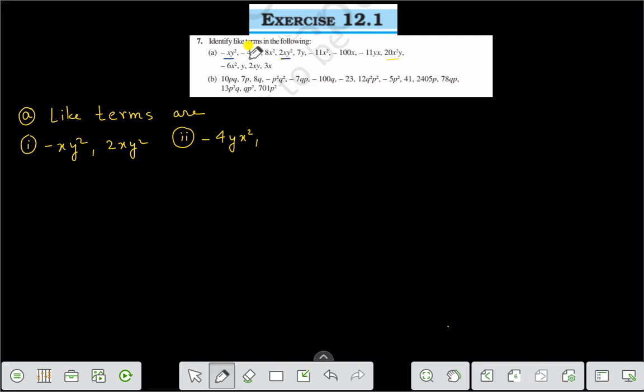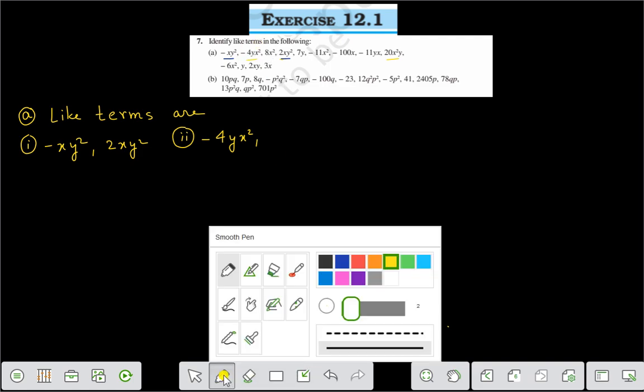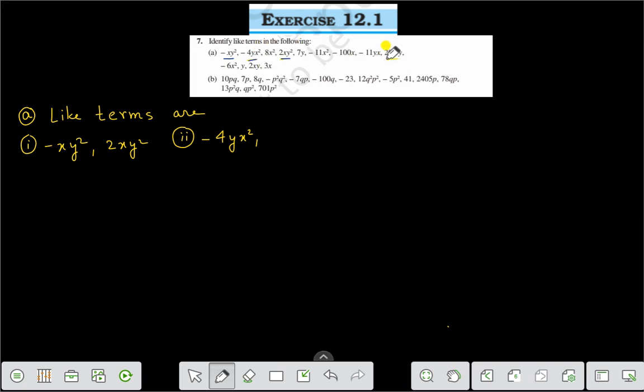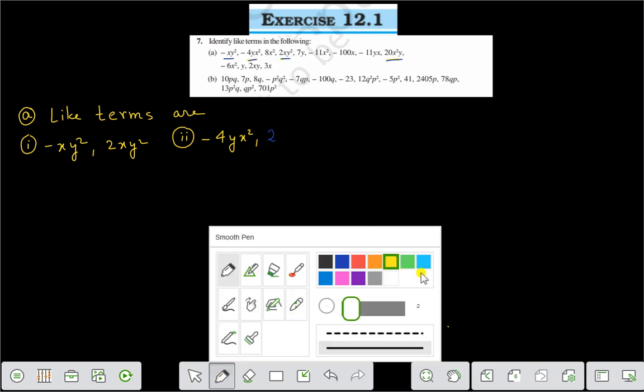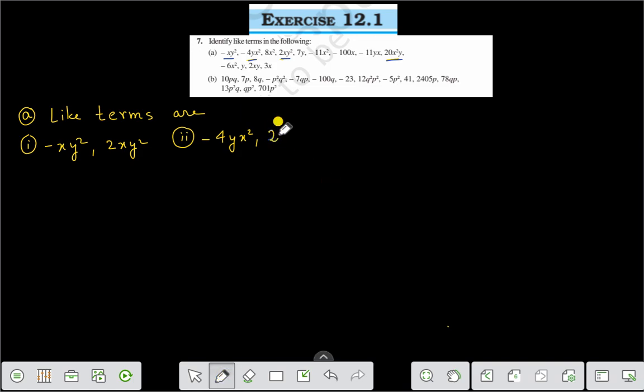This value and this value: it is minus 4yx square and 20x square y, because here you see the x square y is same as x square y. The power of x is 2 and the power of y is 1, therefore the powers are same, therefore these are like terms.